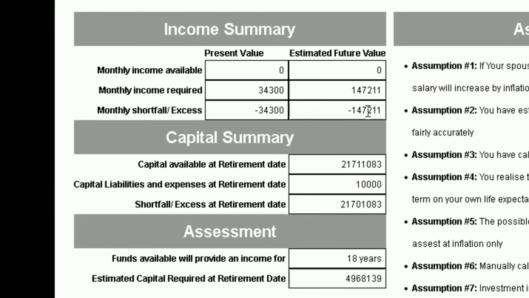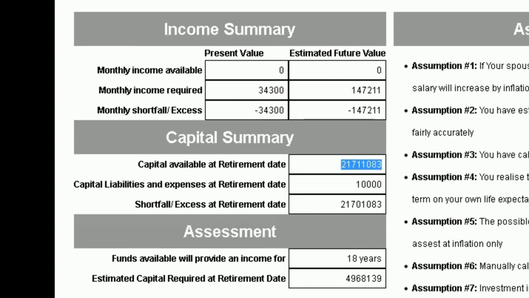Mr. and Mrs. Soap require 147,211 Rand per month, which is equivalent to 34,300 Rand in present day value. They'll require this income for the next 25 years, increasing at 6% per annum. They don't have any other income from any other sources, so the requirement will be withdrawn from any capital that may be available.